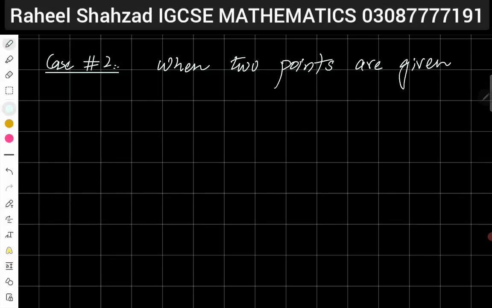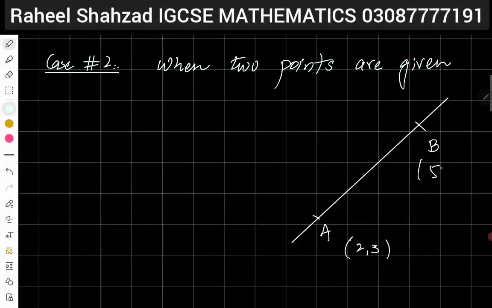So for example, now this is a straight line that is passing through these 2 points, A and B, with coordinates maybe 2, 3, and 5, 8. So we know that equation of straight line is y is equal to mx plus c. We need slope and y-intercept, right?